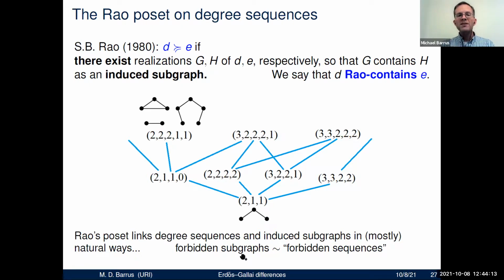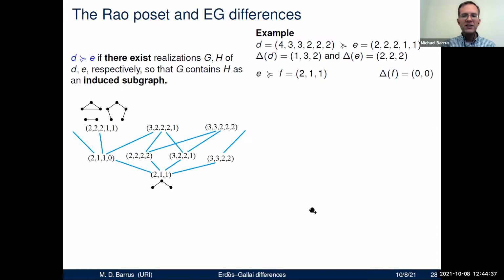And what happens is that if you were to forbid the Rao containment of a certain degree sequence, excluding all degree sequences Rao containing a certain one, in effect what you're doing is forbidding a set of induced subgraphs. Not every set of induced subgraphs corresponds to forbidding a Rao containment, but when you do have that correspondence, you get some very nice results.